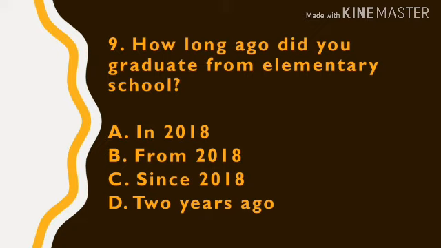How long ago did you graduate from elementary school? What's the answer? Is it A, in 2018, B, from 2018, C, since 2018, or D, 2 years ago? Well, the answer is D, 2 years ago.